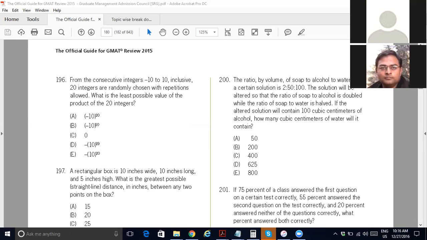Let me just see. No, I think, oh, this is okay. Sorry, this was 112, which is data sufficiency only. Digits and decimals.